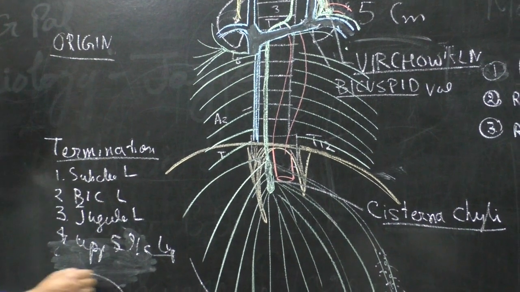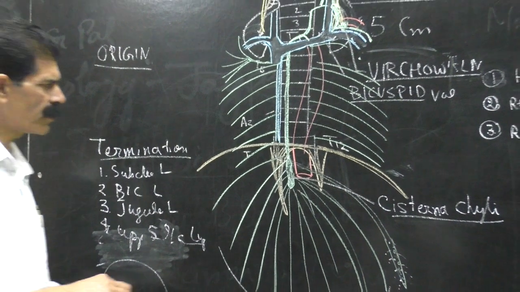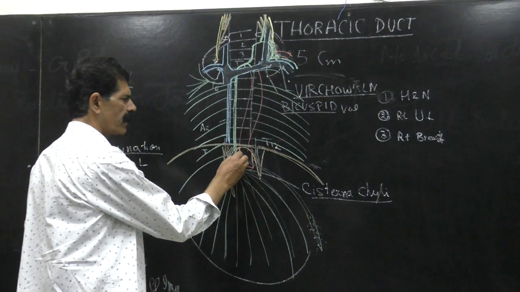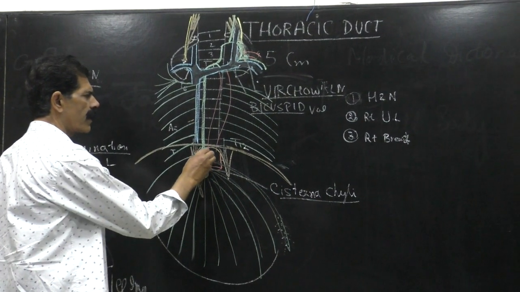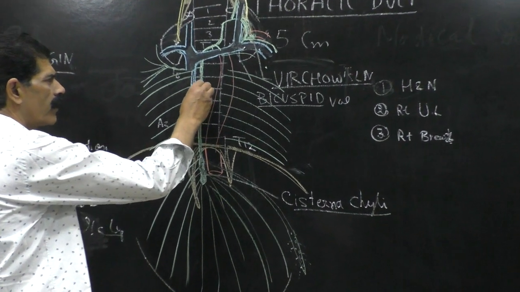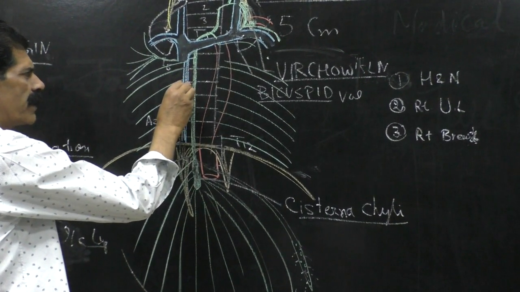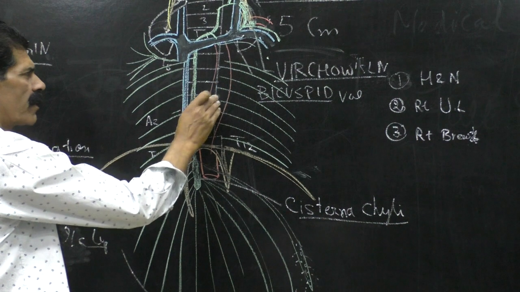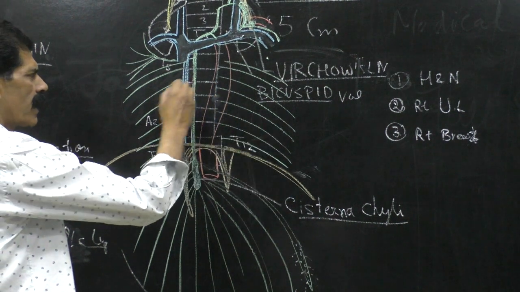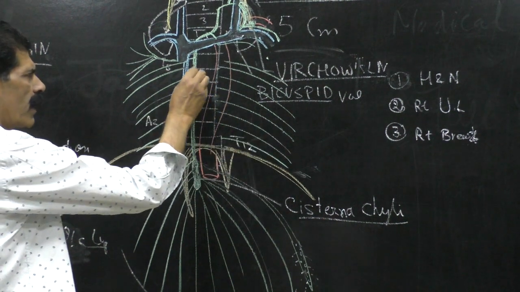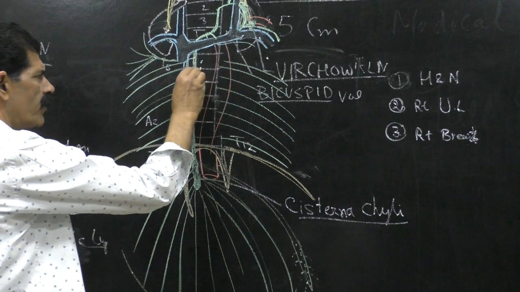After that, we go to the course. Regarding the course, as we already discussed, it goes upward from the cisterna chyli vertically on the right side, between the azygos vein on the right side and the abdominal aorta on the left side, collecting the tributaries. Along these tributaries are present lymph nodes.